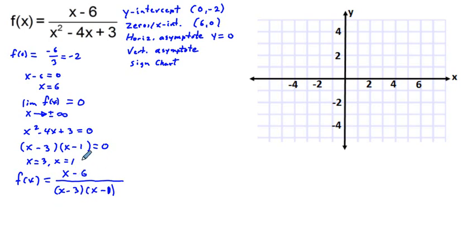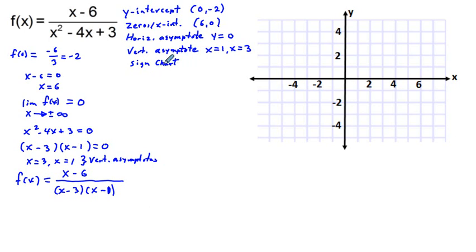No. And that means that x equals 3 and x equals 1 are the vertical asymptotes. So I'm putting here x equals 1, x equals 3.